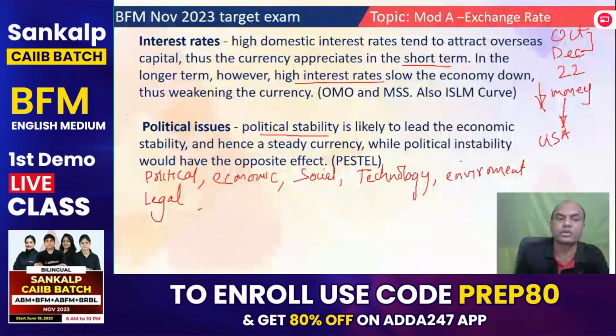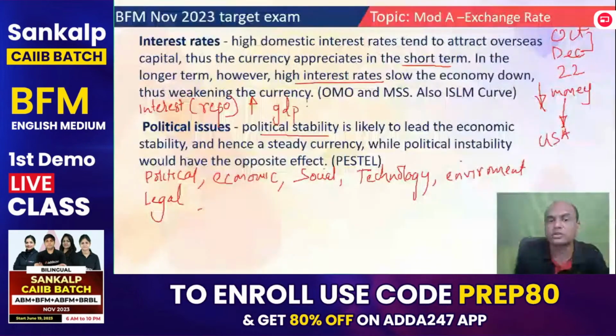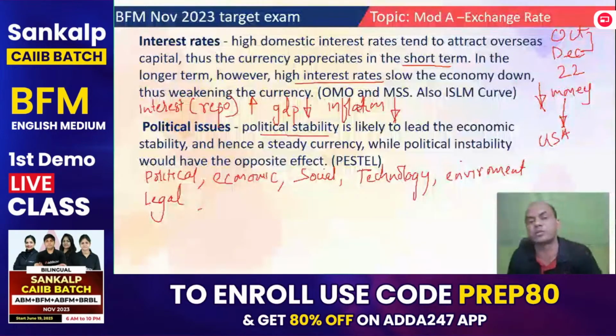If interest rate goes up, we are talking of repo rates, the benchmark rate we call repo. If my repo goes up, my GDP goes down, my inflation goes down. Repo up, GDP down, inflation down. Inflation down is good for the economy, but GDP down is bad for the economy.